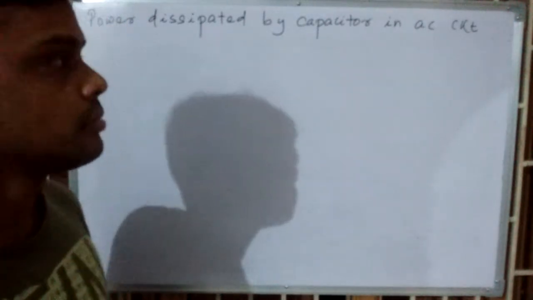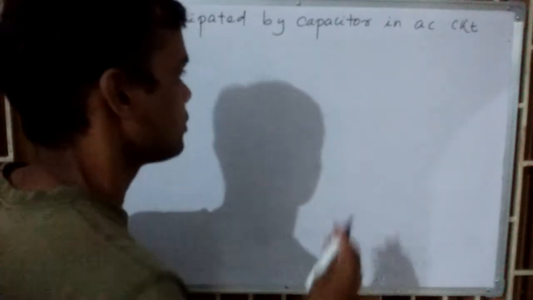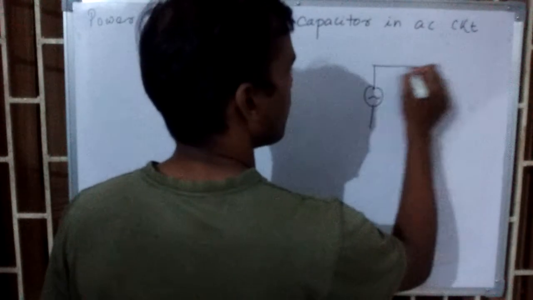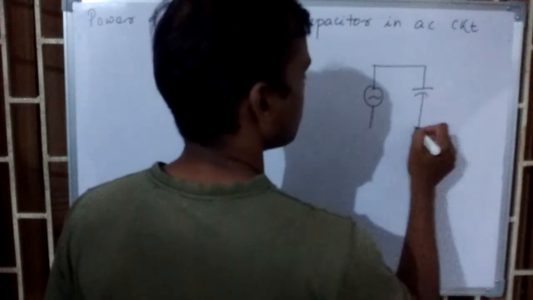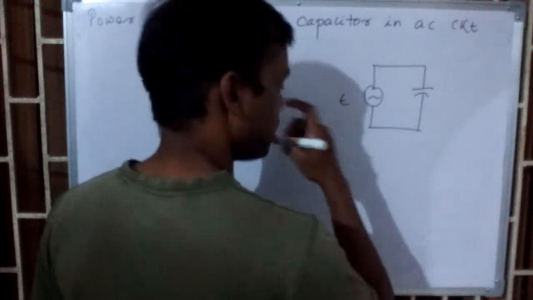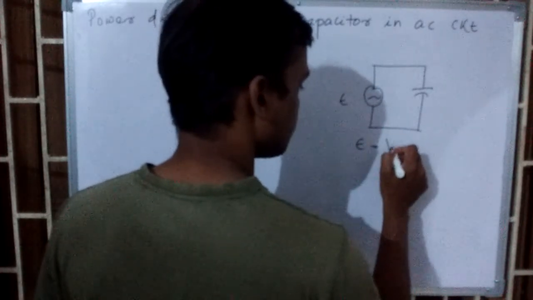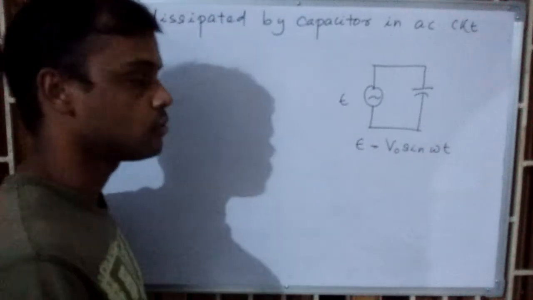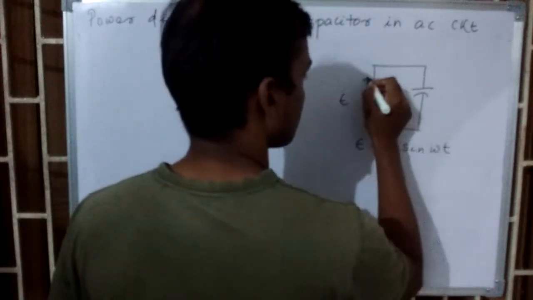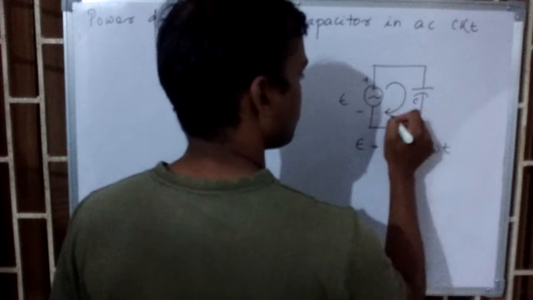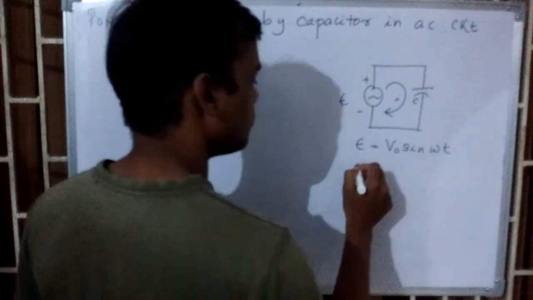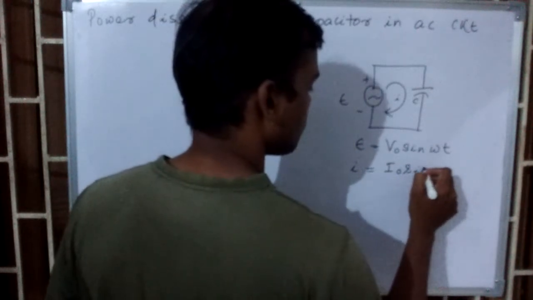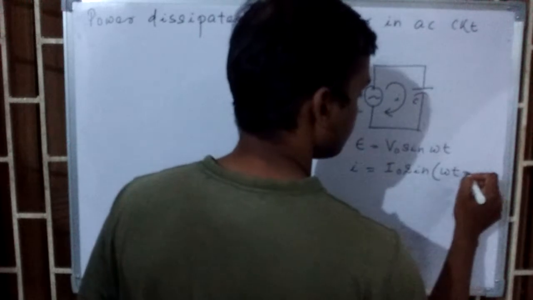We have already discussed in the previous class that if an AC voltage epsilon, where epsilon is equal to V naught sin omega t, is applied to a capacitor, then the resulting current will be I naught sin of omega t plus pi by 2.